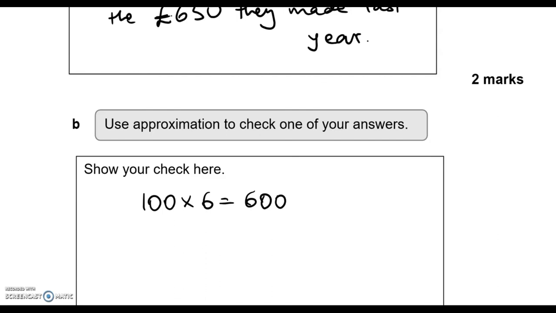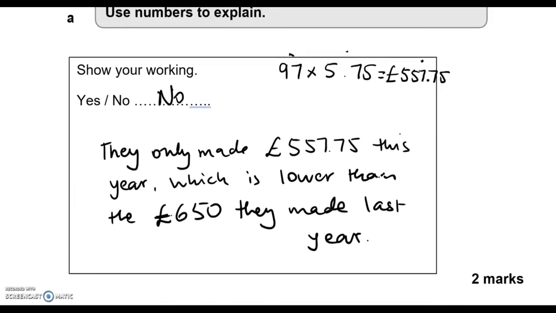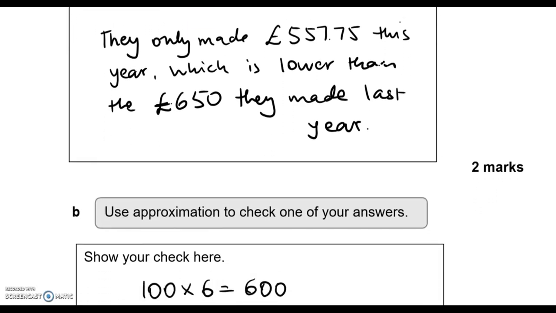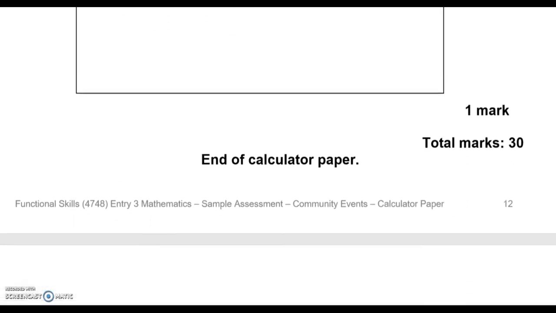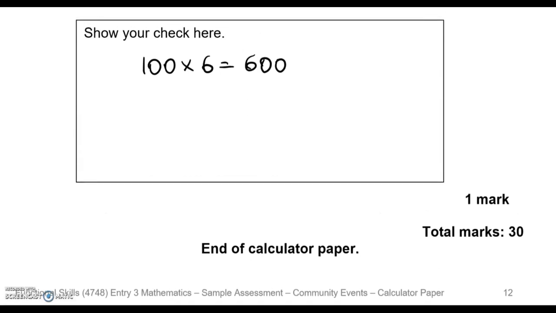So that is showing us that we didn't get this wrong, because if you round that to the nearest 100, it's going to give us 600. And this is the end of the second part as well, and the end of the whole paper.